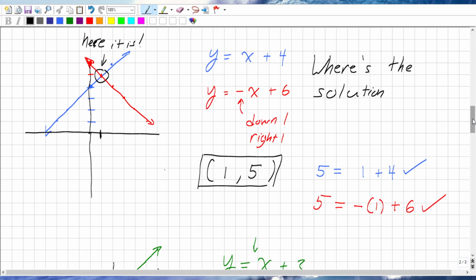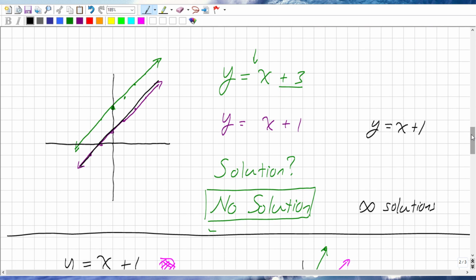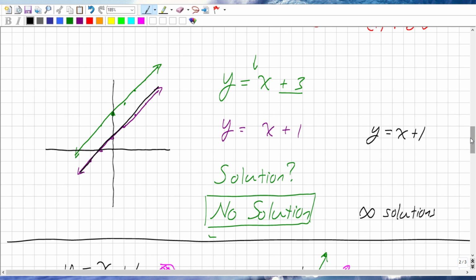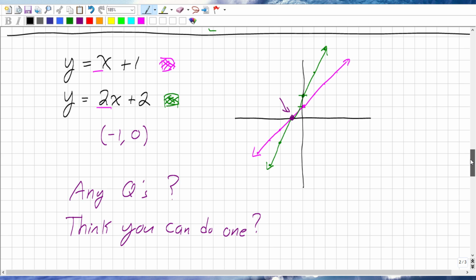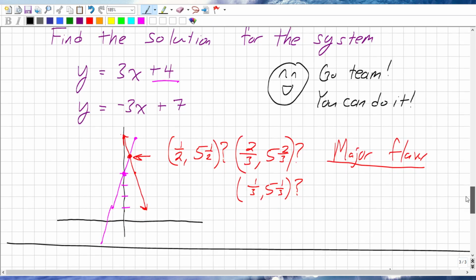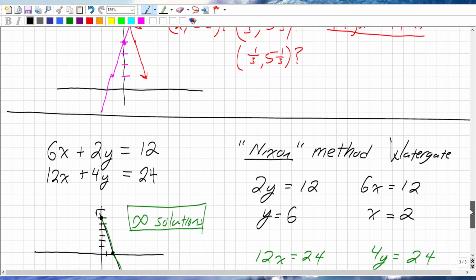Which means you're guaranteed one solution. If they have the same slope, are they guaranteed to intersect? No, so you might have either no solution or infinite solutions. Either way, you're going to have to be able to graph these things. Sometimes they'll work out nicely. Sometimes they won't. But you still need to be able to graph all of them accurately.